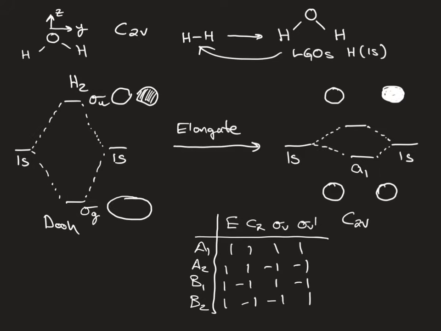It is anti-symmetric, but it's symmetric with respect to the YZ plane. Therefore, this gets a B2 symmetry label. These are now going to combine with the symmetry-related atomic orbitals on that central oxygen atom.